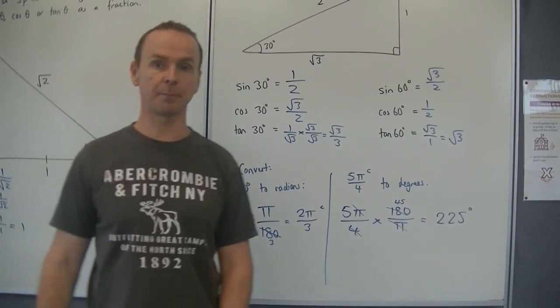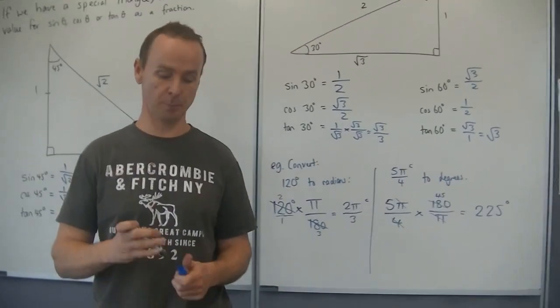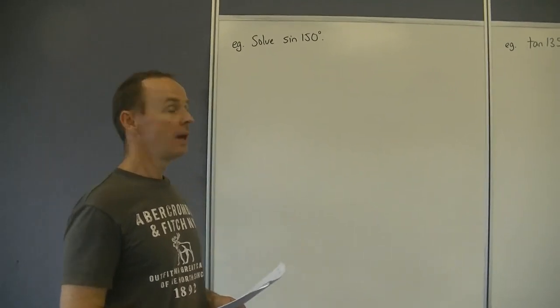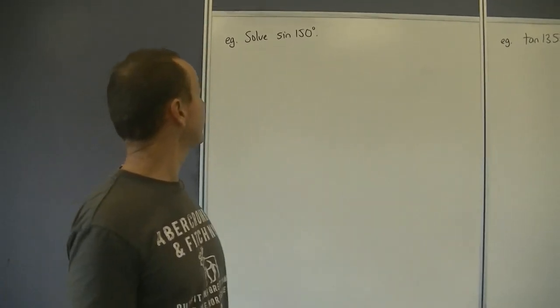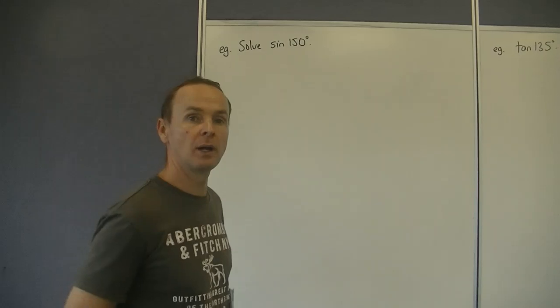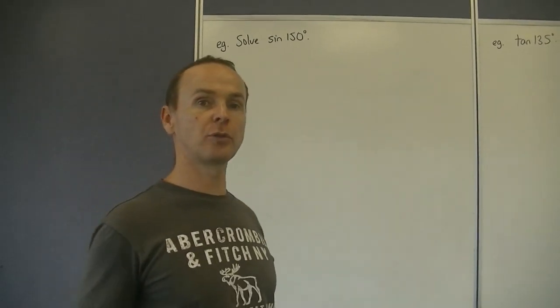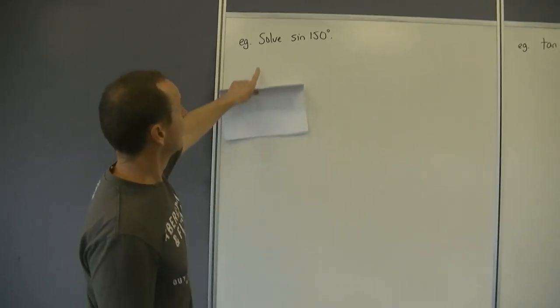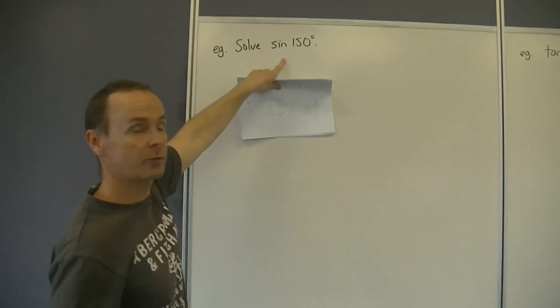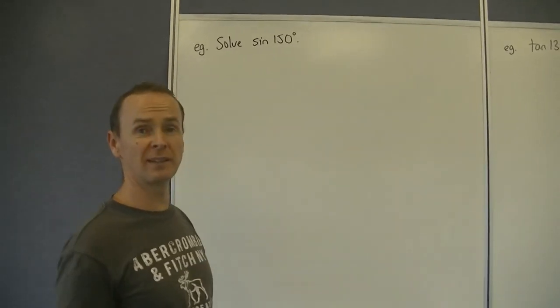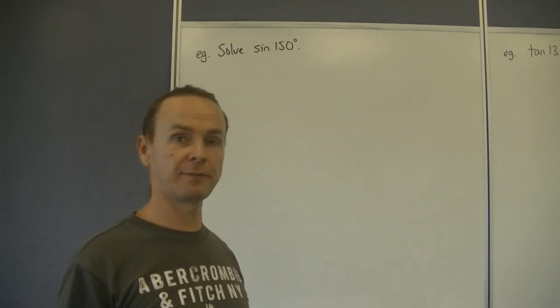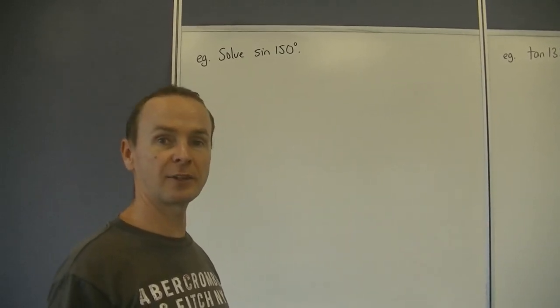Alright, so I'm going to do some examples of other stuff in just a second. I'll clear the board off. Okay, so what we're going to do, to work out what sine 150 is, we're going to use our exact value triangles, or the ratios. So, from our ratios we just did, sine 150 degrees, I don't remember there being a sine 150, and there wasn't, so we can't actually do it.